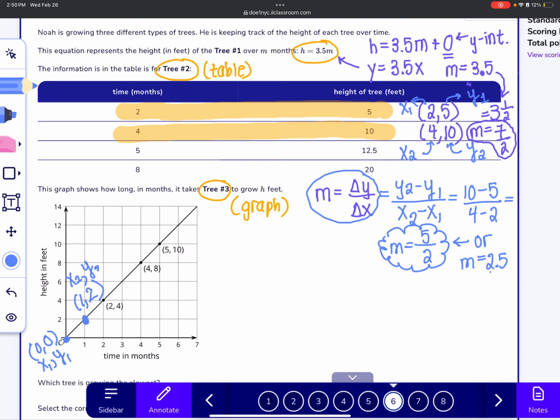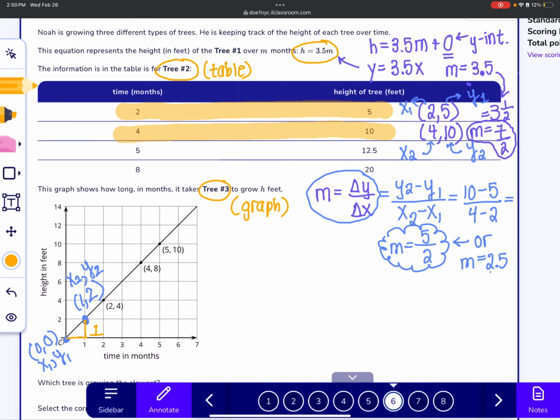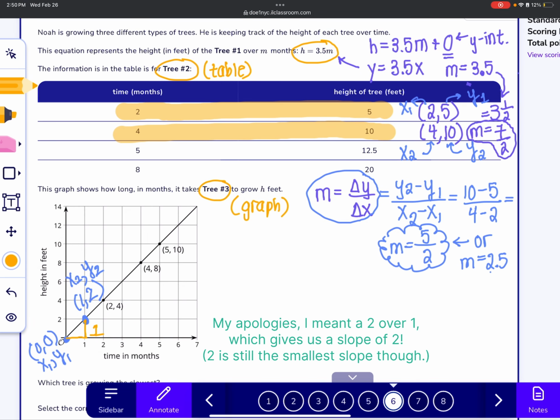But graphically, I think it's easier if I drew in that triangle and calculated my rise over run. So I'm really rising 1, and I am running 1. So I know my slope is 1 over 1.